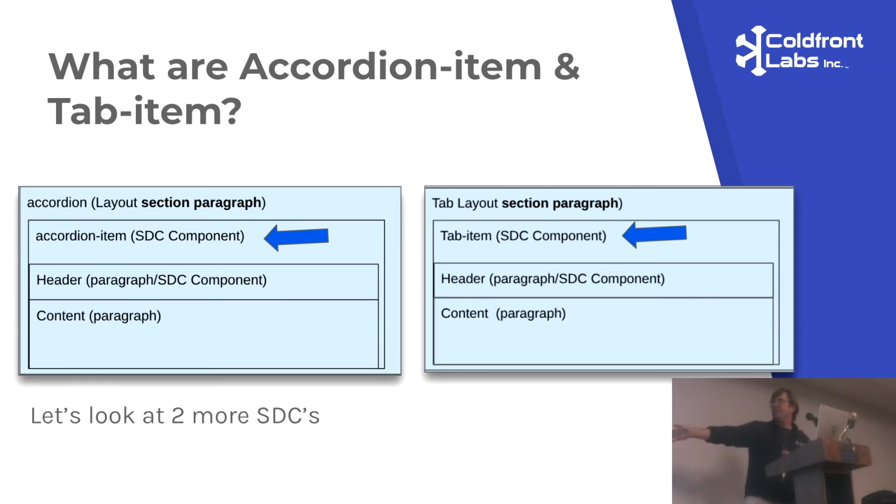But by using single directory components, we're not restricted by that. We can define our components and still use them in the sections. So next we'll go into defining what an accordion item SDC component is and what a tab item SDC component is, components that are inside a section that are using the paragraphs.